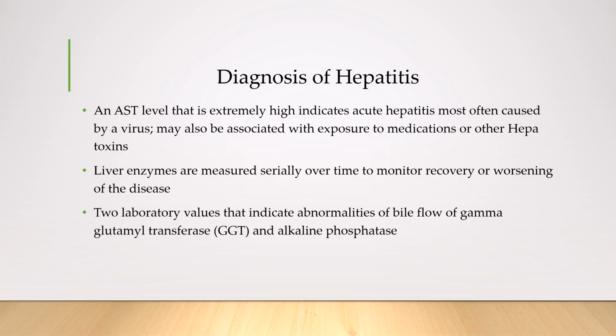Liver enzymes are measured serially over time to monitor recovery or worsening of the disease, and 2 laboratory values that indicate abnormalities of bile flow are gamma glutamyl transferase, otherwise known as GGT, and alkaline phosphatase. So, the doctor is also going to monitor these 2 lab studies along with the AST level and the ALT level of the liver enzymes.